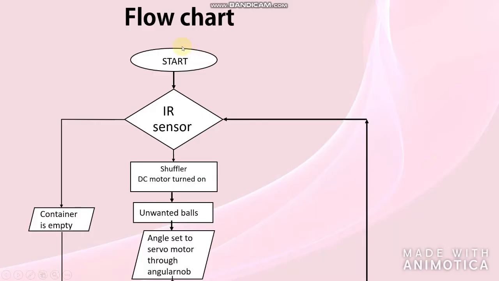So the flowchart of the entire system is: first the machine will be turned on and the IR sensor will sense the presence of the ball. If there are no balls in the container, then the machine will stop working.